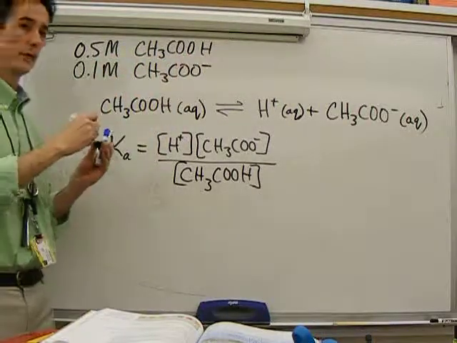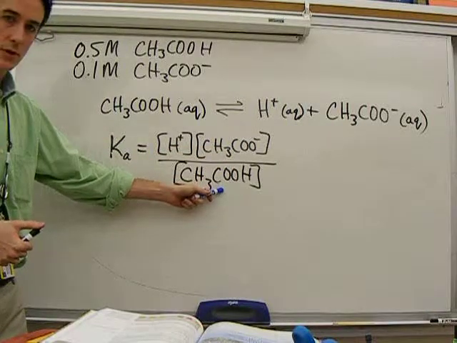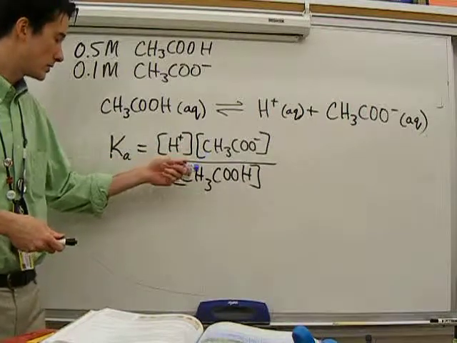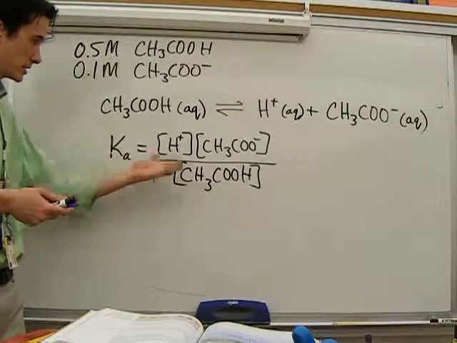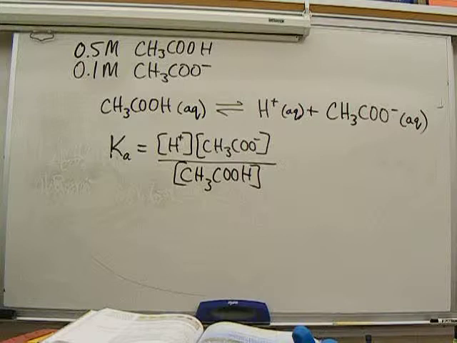That's the situation we have now. So we have this concentration and we have this concentration. We're still trying to figure out H+, so all we need to do is rearrange this. And we know Ka. We still know Ka for this situation. So we just have to rearrange this a little bit.